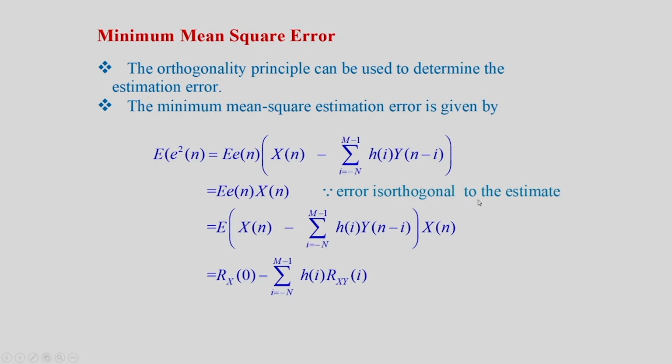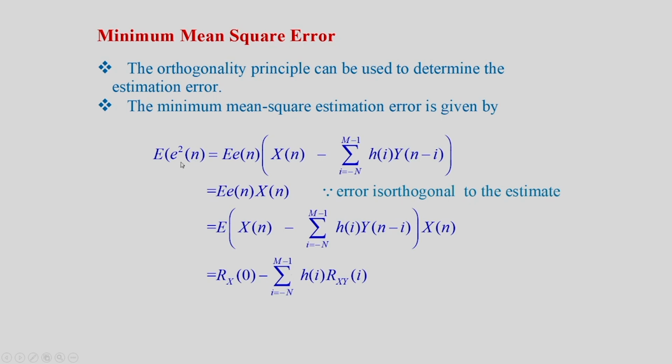So, the error is orthogonal to the estimate. Therefore, this will be simply E of e[n] into x[n]. Now, if I expand this e[n], that is x[n] minus the summation of h_i y[n-i], i going from -N to M-1, then we get E of this expression into x[n]. And if we take the expected value of x[n] into x[n], we will get R_x[0]. Similarly, we will get the cross correlation function here by taking the expected values.